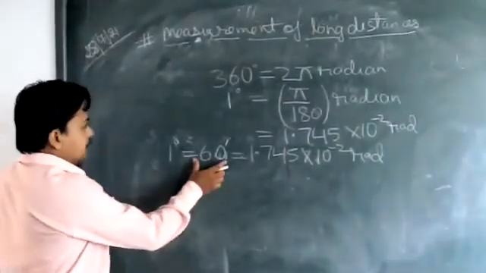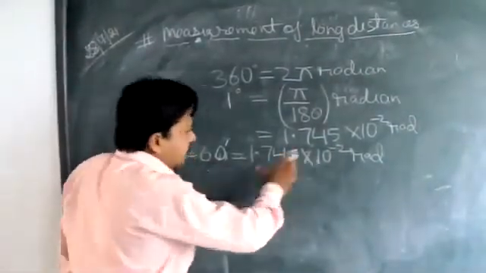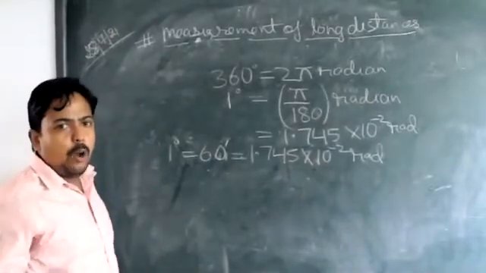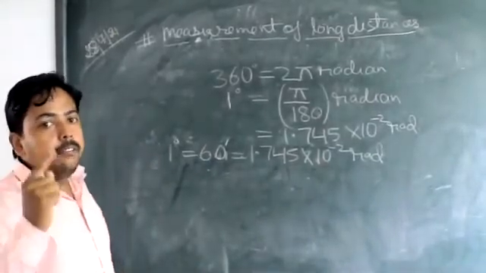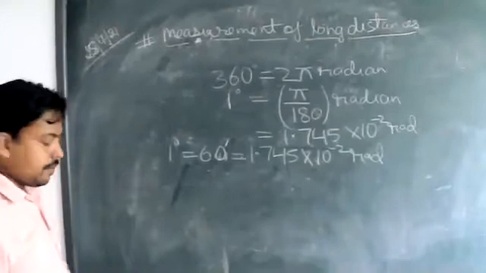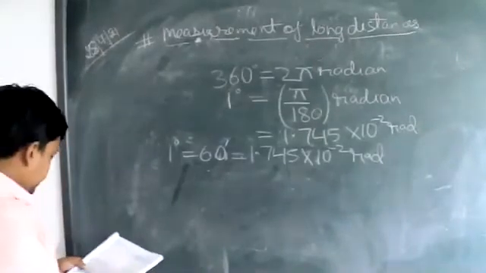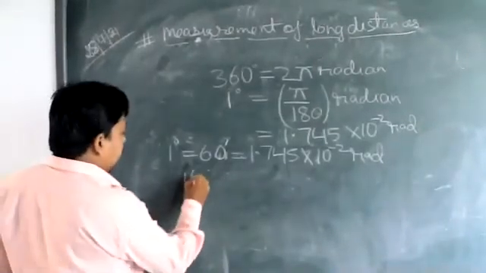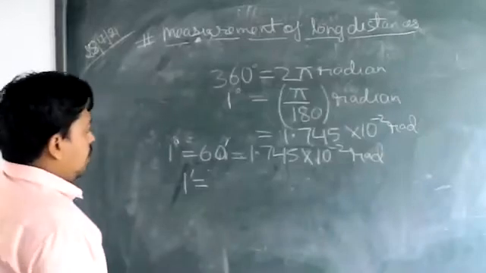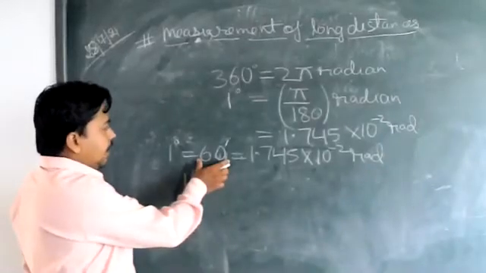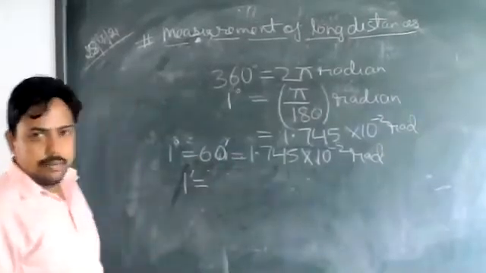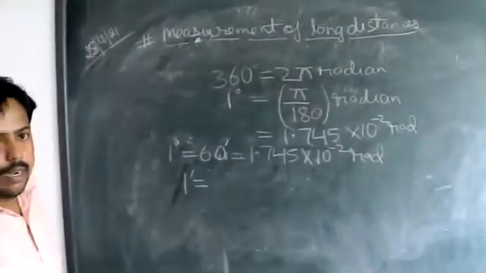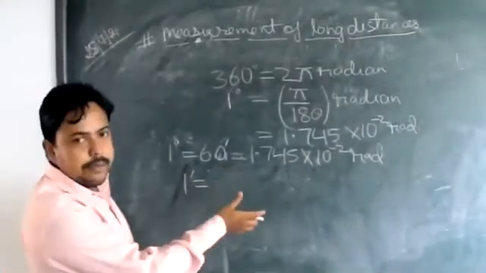If in 60 minutes there is this much radian, how many radian will be there in 1 minute? So let's see. For 1 minute, this will get divided by 60, simply using the unitary method.